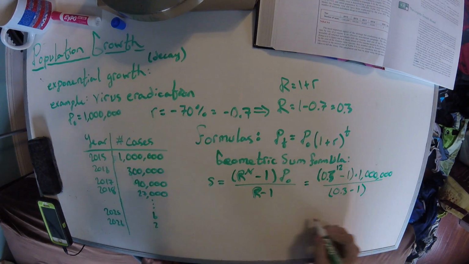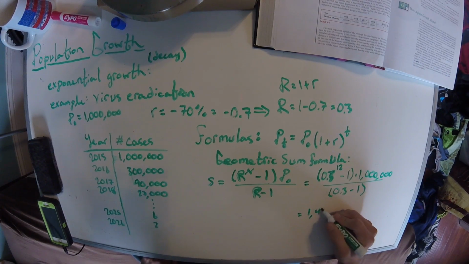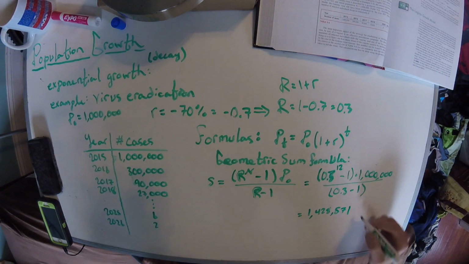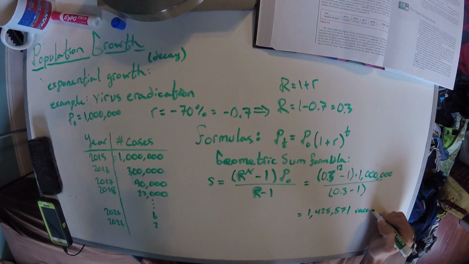And this is equal to 428,571. And so these are the number of vaccines that are needed.